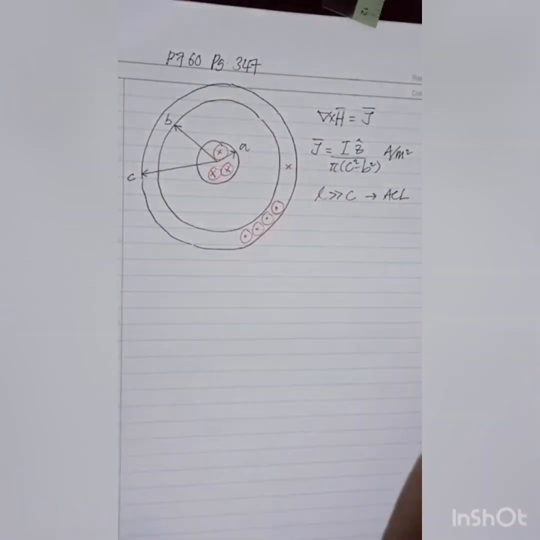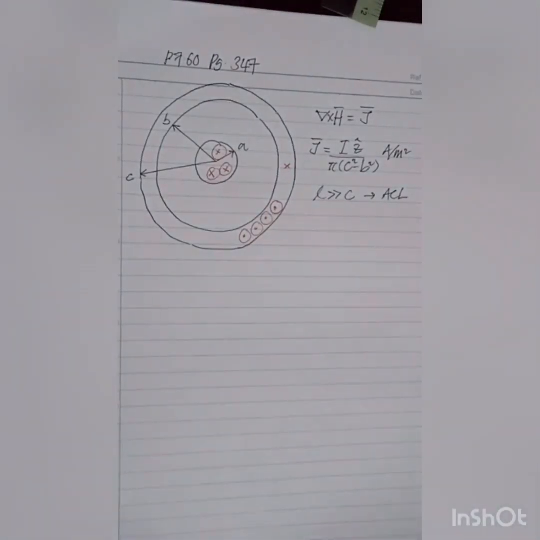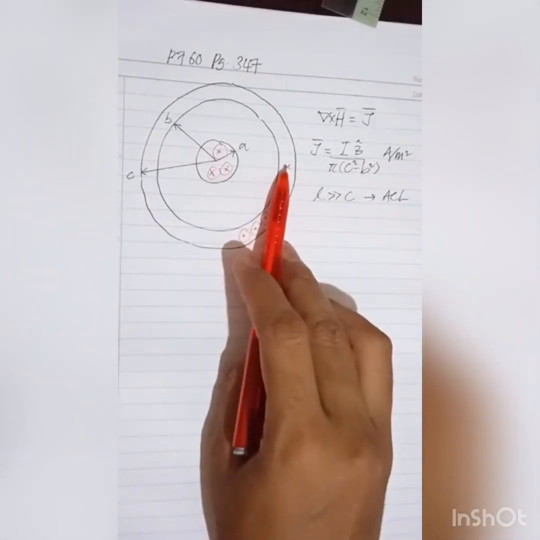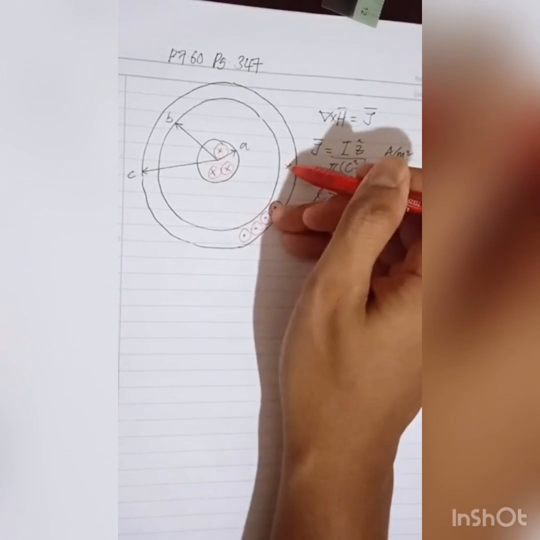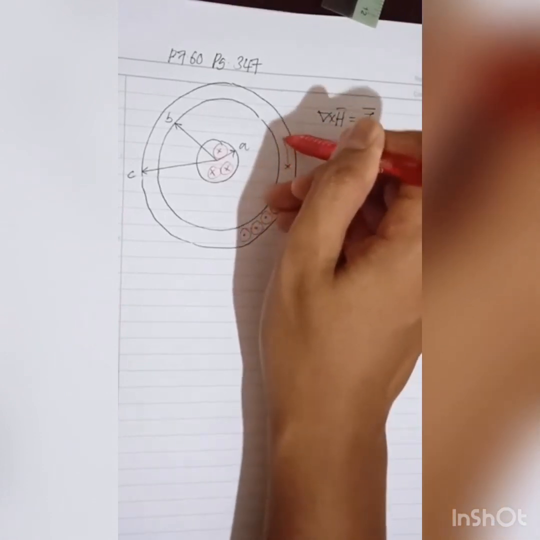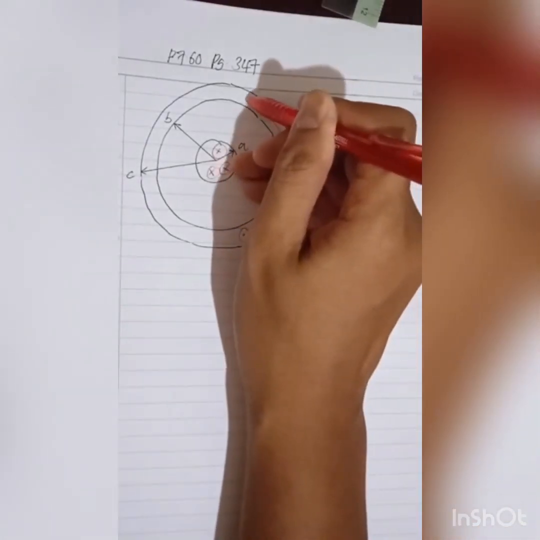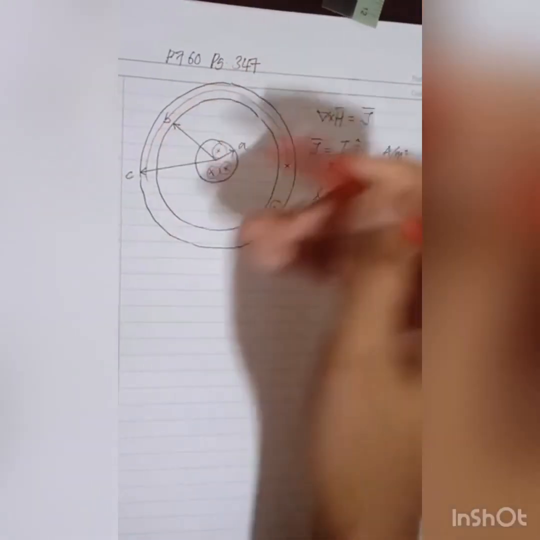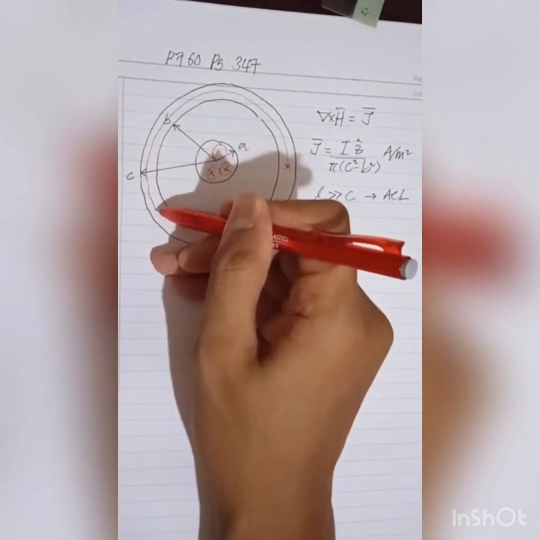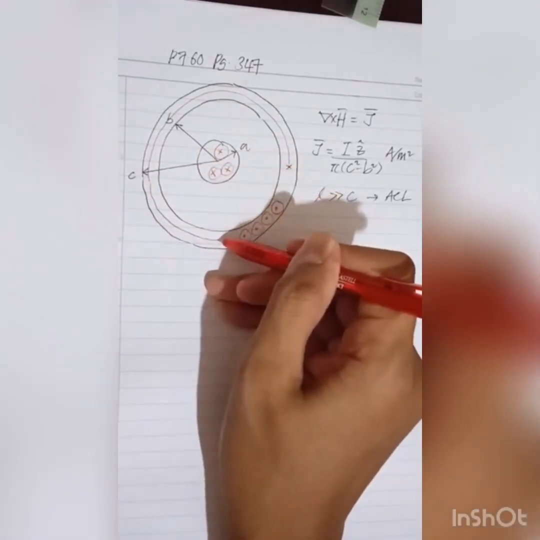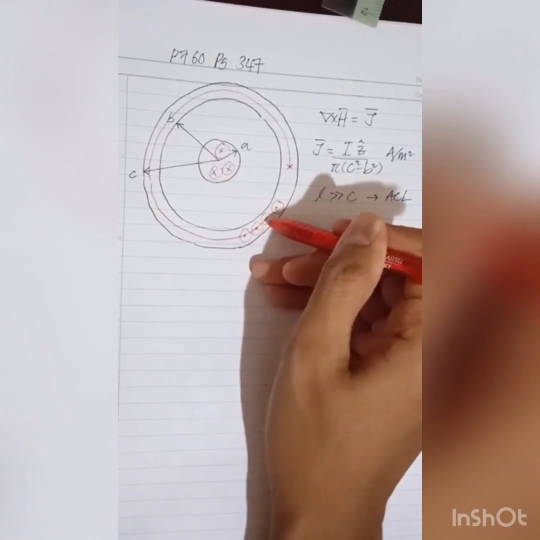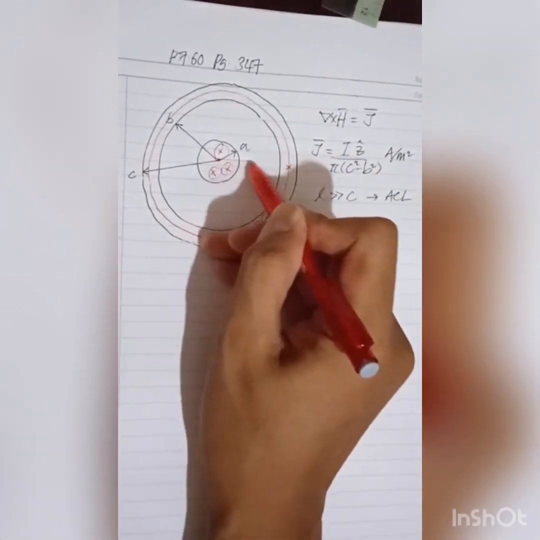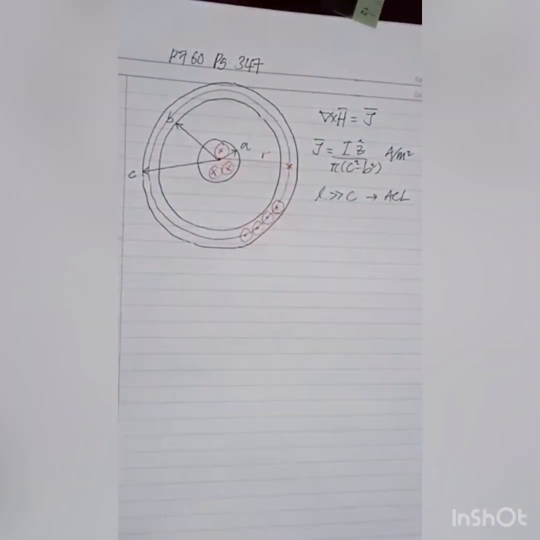Let's draw again the Amperian loop, which must obey two conditions: it must pass through the point and must completely close. So let's draw together. That is our Amperian loop within the outer conductor, in between b and c. Let's say this loop has a radius of r from the origin.